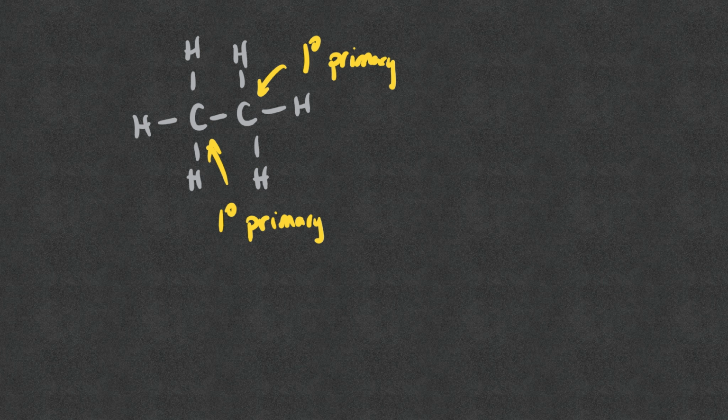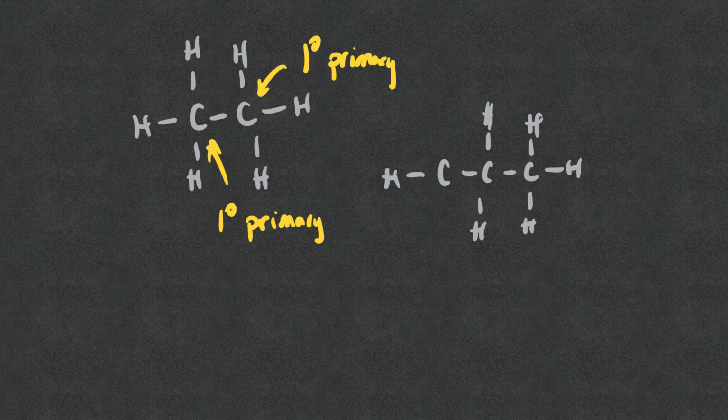Well, what if you have something that looks like this? All right. Here we have propane. Now, if you were to pay attention, we're looking at this carbon. This carbon is only attached to one carbon here. All right. So we will say that this carbon is a primary carbon.